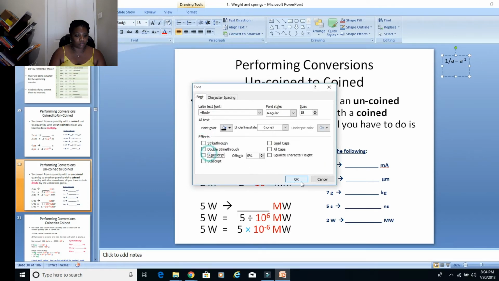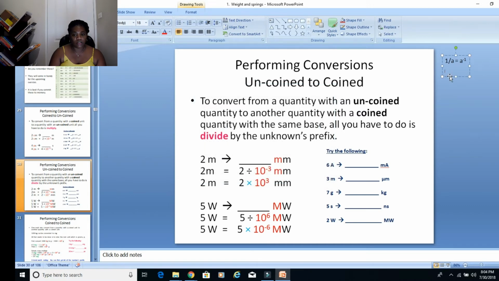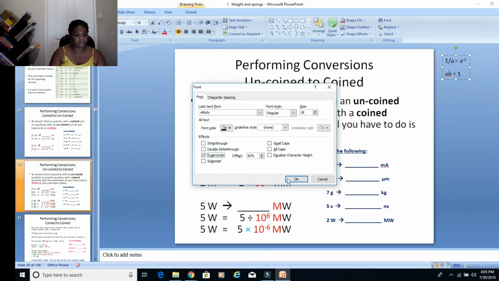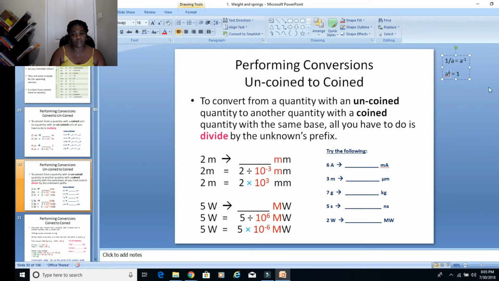So in other words, if a to the 0 is equal to 1, right? Put this in superscript. A to 0 is equal to 1.